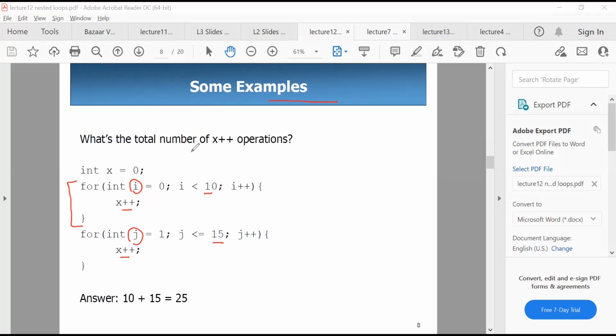If we would like to know the total number of x plus plus operations we're going to perform, are you able to figure out how many times we execute x plus plus here and here, and what is the total x plus plus execution? Any idea?